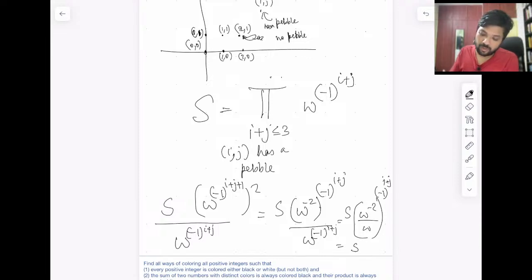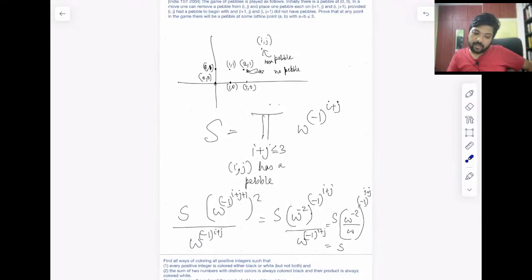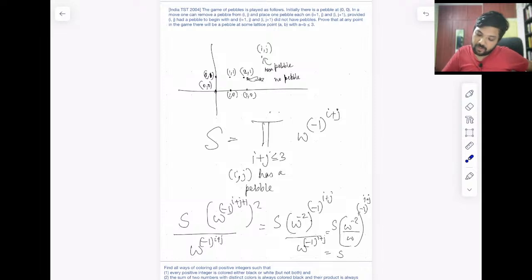Now, okay, two points. First thing, we showed that S does not change when you make the move. It's an invariant. What is the plan? The plan is the following. Initially, there is only one pebble at 0, 0. So if you put in 0, 0 here, there is only one pebble, so this product is a single term.